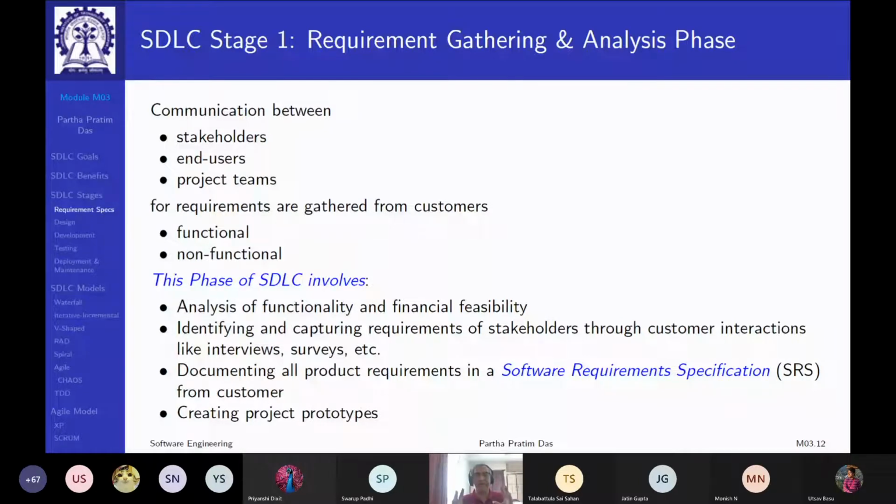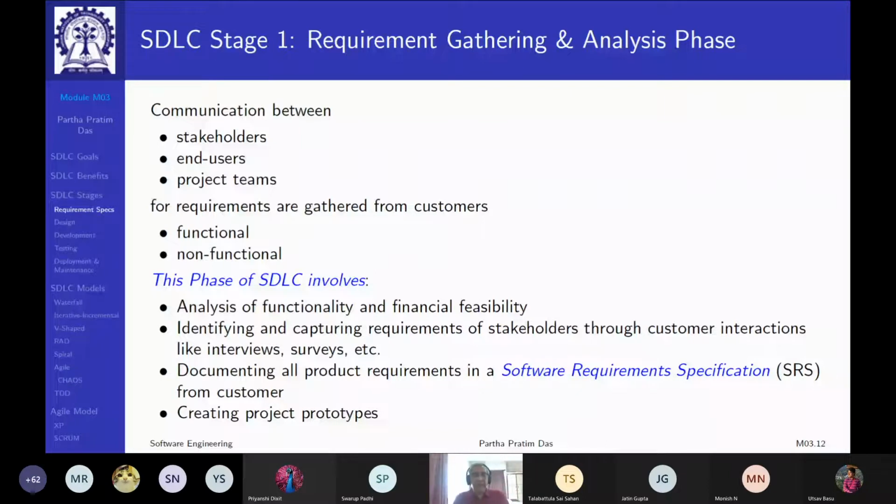It could be customer. It could be developer. It could be the designer. It could be, say, your installation engineer. It could be the group of people who provide support over phone and so on. So everybody is a stakeholder. Whoever has something to do with that project is a stakeholder.